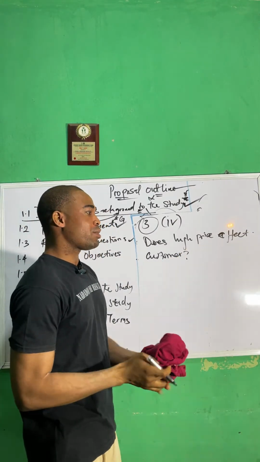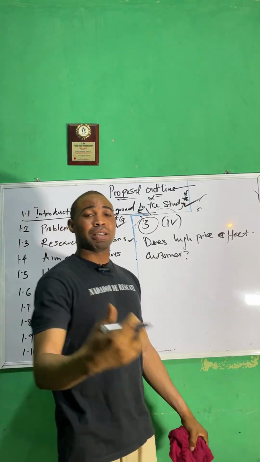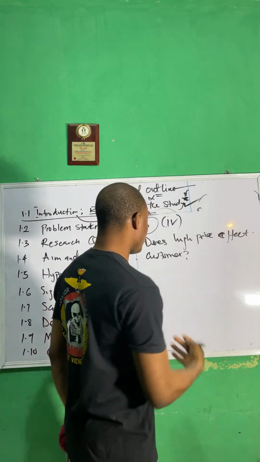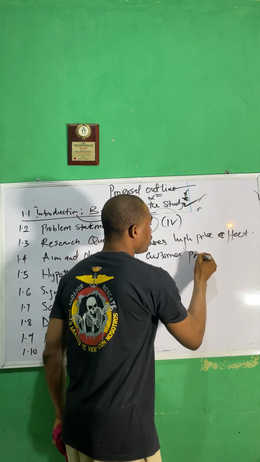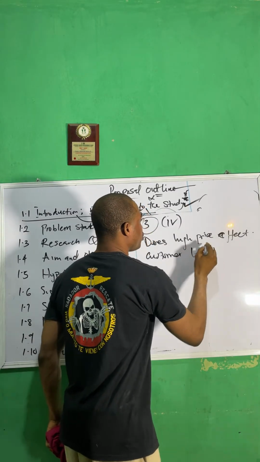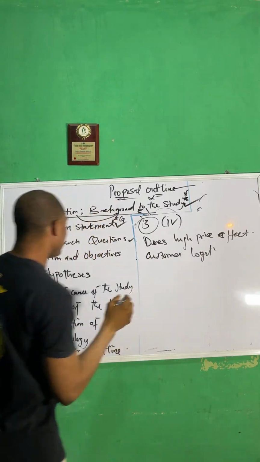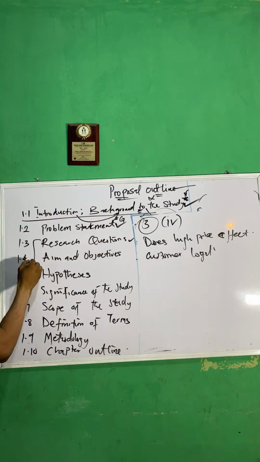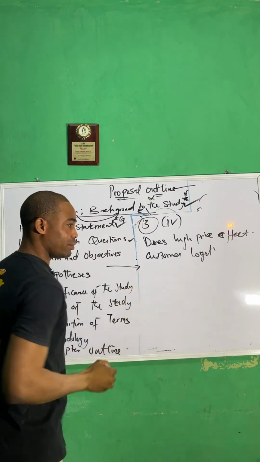So if the price of e-commerce platforms is higher than traditional markets, which is a market whereby you can interact face to face, people will be discouraged from patronizing or making use of that platform. So I'm just using this one example. Your research question is going to be qualitative. And the most important thing I want you to know is that your research questions, aim of the study, and hypothesis must be talking about the same thing.